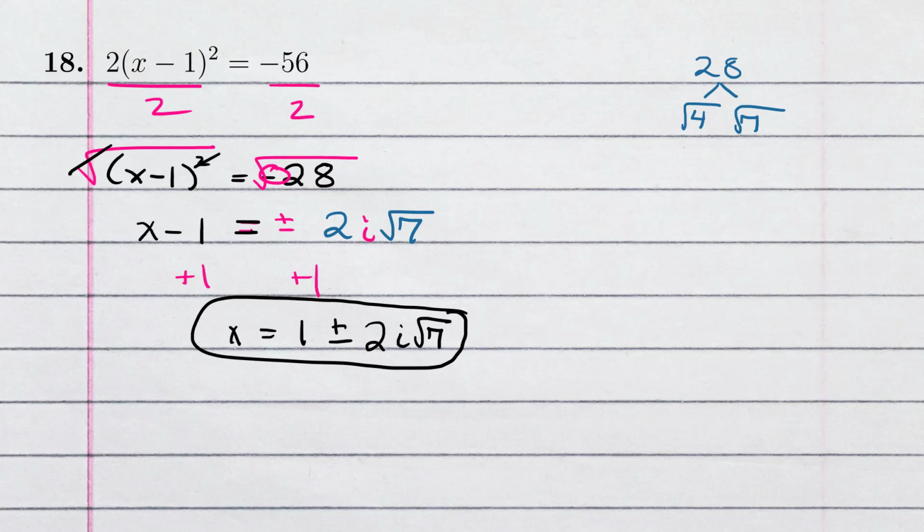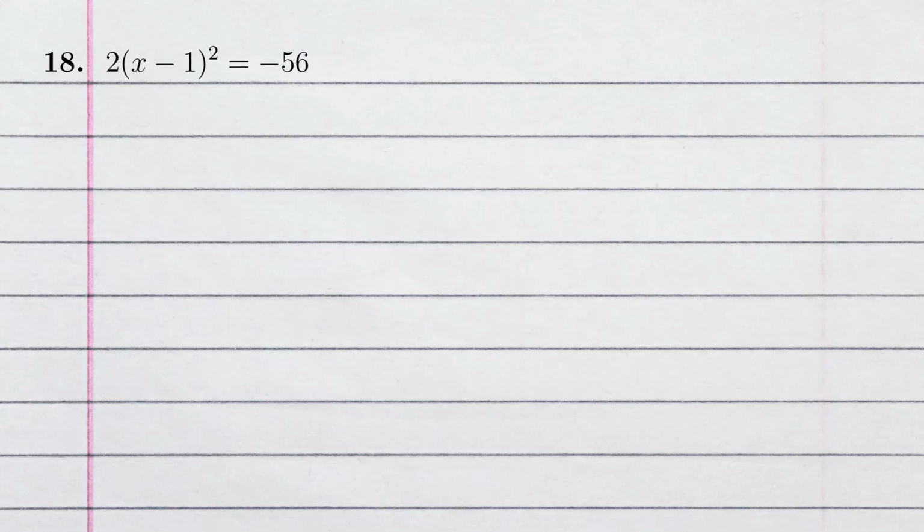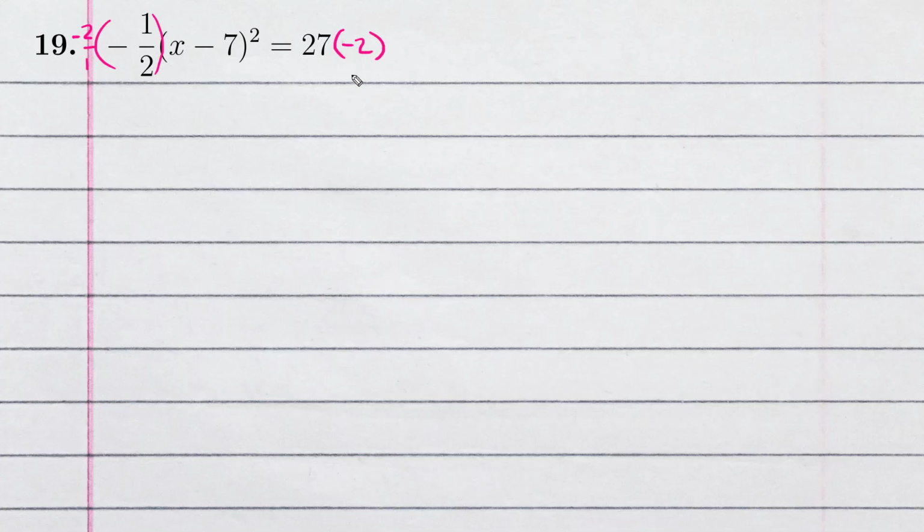These last two have a fraction that's being multiplied in front of them. Remember, when you're dividing by fractions, you're multiplying by the reciprocal. So the reciprocal of -1/2 is -2/1 that we're going to multiply both sides by.